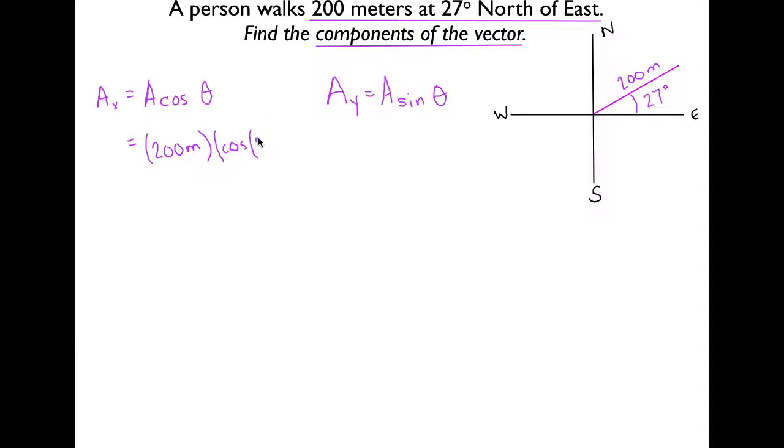Now my angle, remember, is counterclockwise from the horizontal. So this 27 degrees is the right angle that they gave us. So we don't have to do any subtraction or anything like that.